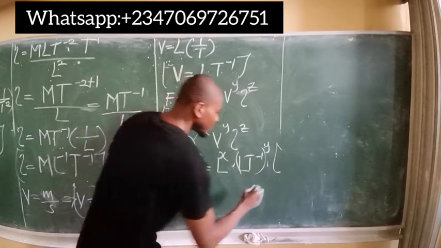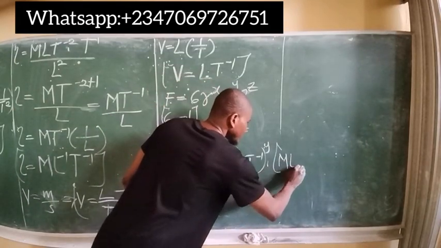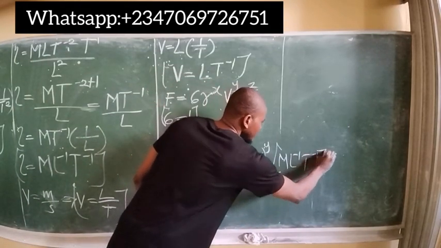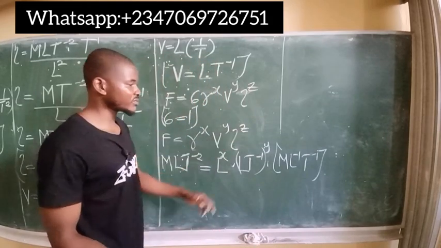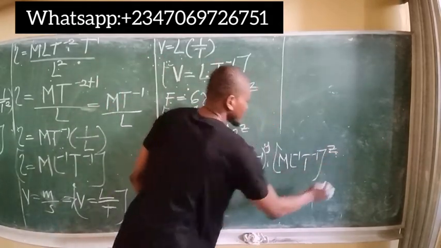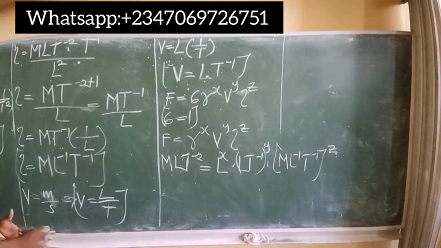So we simply have M L minus 1 T minus 1, not forgetting L to the power of z. So you have this.